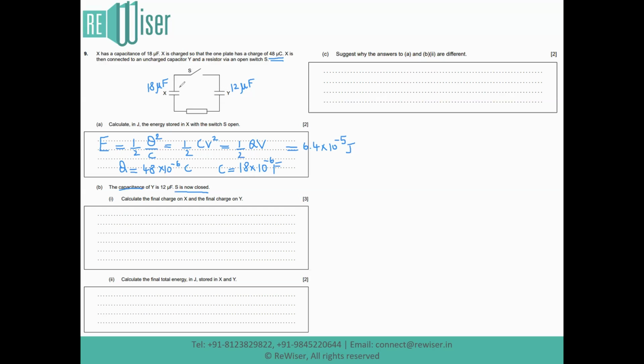So the charge held in X will slowly start flowing from X to Y, and this will keep on happening up until the exact point where the potential V across the capacitor Y will be exactly equal to the potential V across capacitor X.